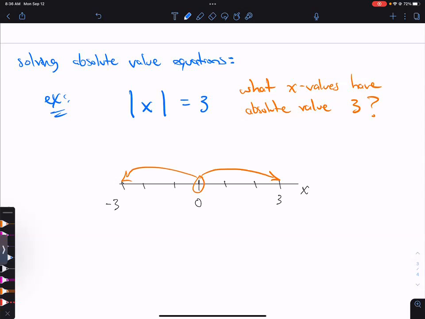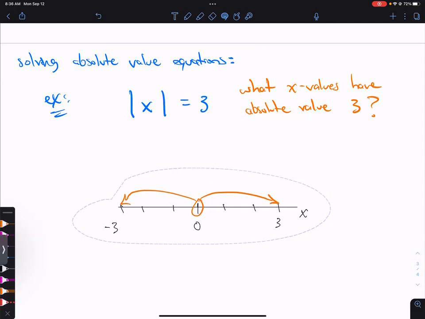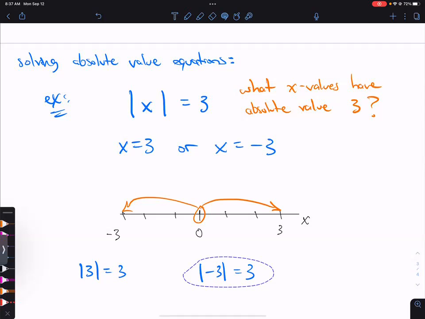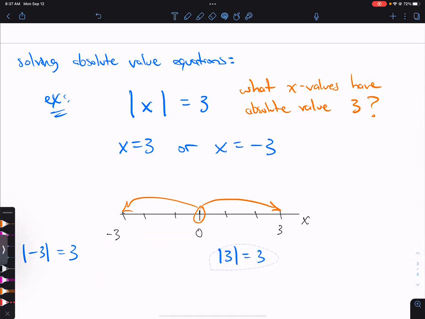Okay, so the absolute value of x being equal to 3 means that x is either 3 or -3. Right? Because the absolute value of 3 is 3 and the absolute value of -3 is also 3. It's confusing that I wrote those where I did. There we go.